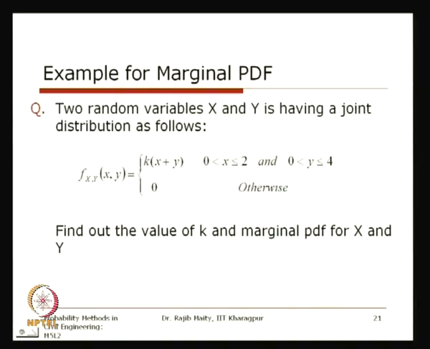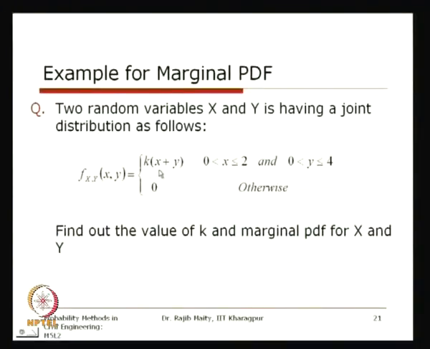So this is the example of the uniform distribution, because the PDF form is constant, which equals 2. But if we take a PDF that is related to the dependent variables x and y, say two random variables x and y having the joint distribution k(x plus y), where the x range is 0 to 2 and the y range is from 0 to 4.